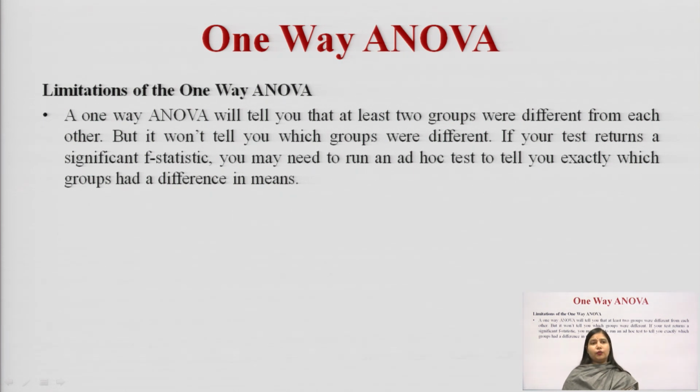So in one-way ANOVA we only establish that one group is different from the other group, but we do not know which group diverges more from our population mean, or the average score, and how much they differ from the mean of the population.